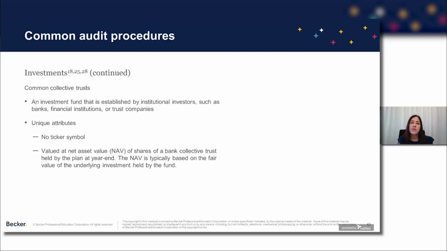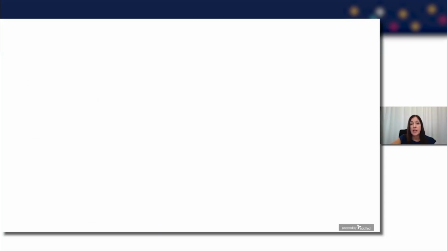So that trust is valued at net asset value based on those underlying assets. So that trust can be valued at the net asset value as either a practical expedient, which is excluded from the fair value hierarchy table, or it can be valued at the NAV as a readily determinable fair value. In that case, it is included in the fair value hierarchy table.